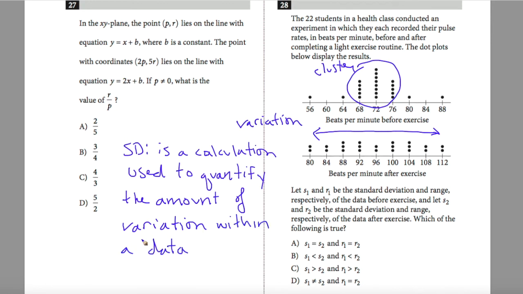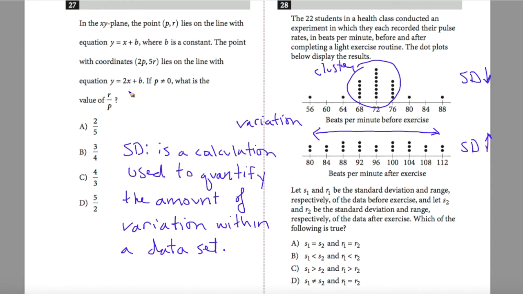There are more precise calculations I can give you, but realistically, you just need to understand what it is conceptually. And conceptually, this one has a lot of standard deviation, whereas this one's standard deviation is not so much because it's clustered. Then it says R1 is the range, respectively.